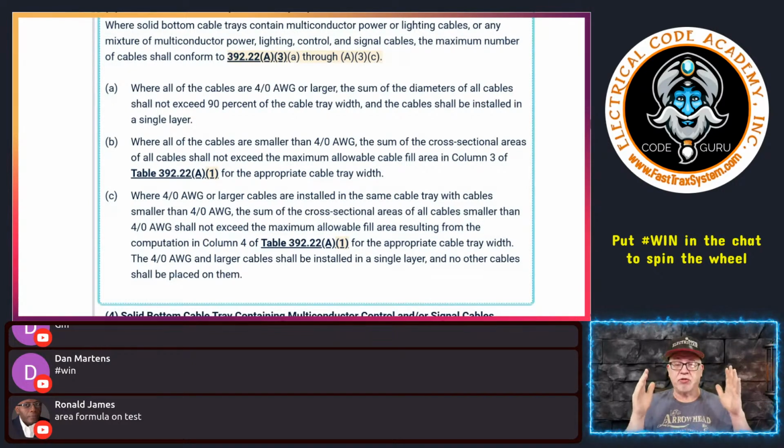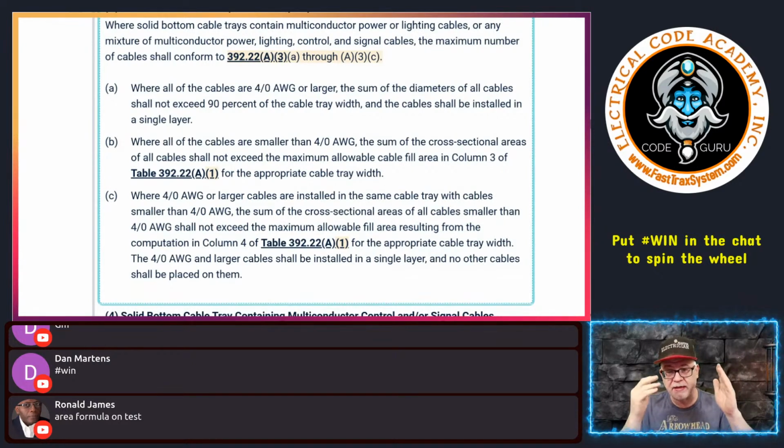And you'll find what 90% of that is. And then the cables in there can't exceed the 90%. So basically, in layman's terms, if it was this big and you're putting cables in there, you're not allowed to exceed this much of it. You can't use the whole space. You can only not exceed 90% of the overall space, okay?